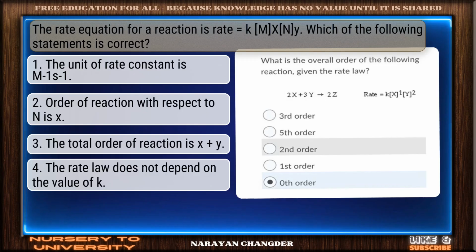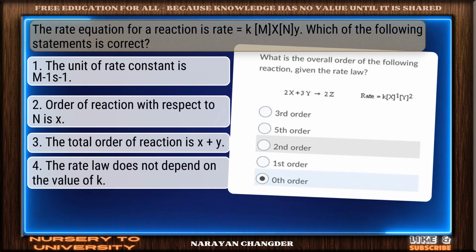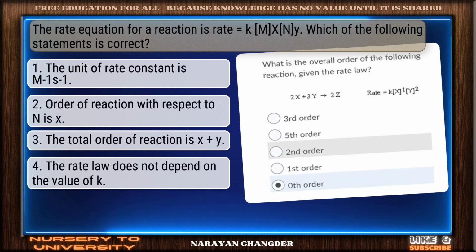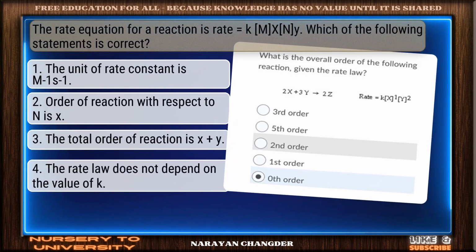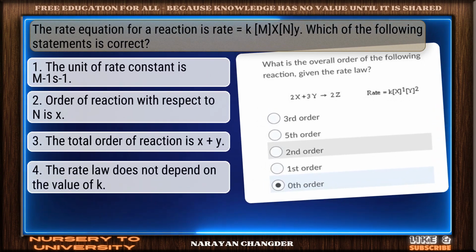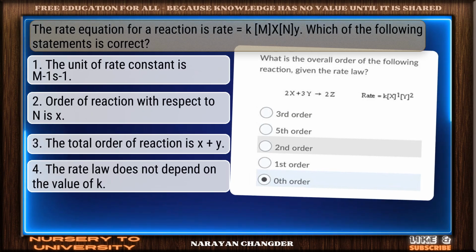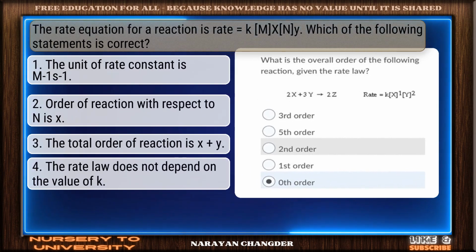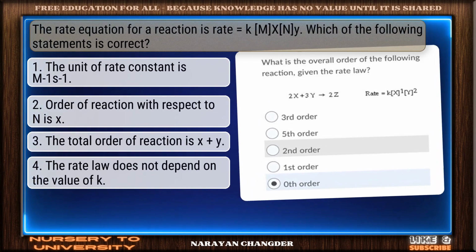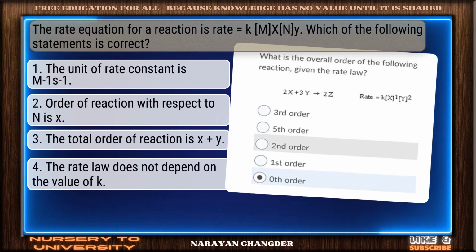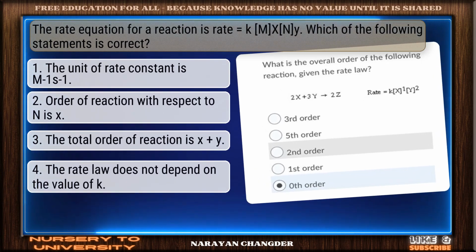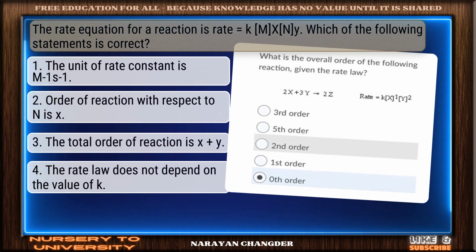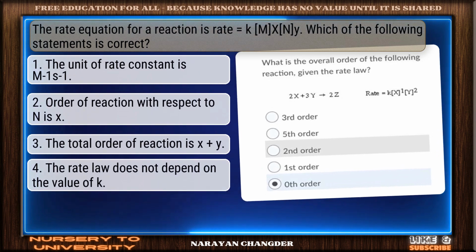Great work. The rate equation for a reaction is rate equal to k[M]^x[N]^y. Which of the following statements is correct? Option 1, the unit of rate constant is M^-1 s^-1. Option 2, order of reaction with respect to M is x. Option 3, the total order of reaction is x plus y. Option 4, the rate law does not depend on the value of k.